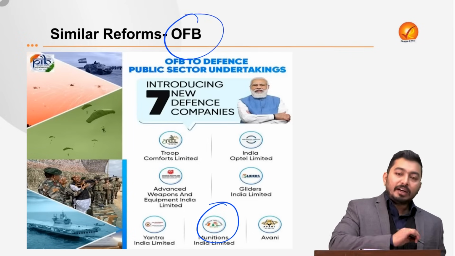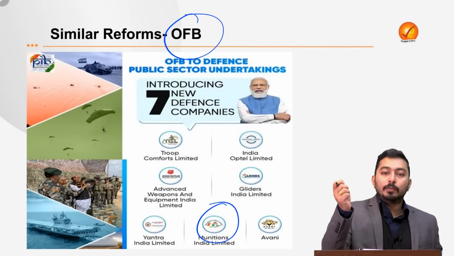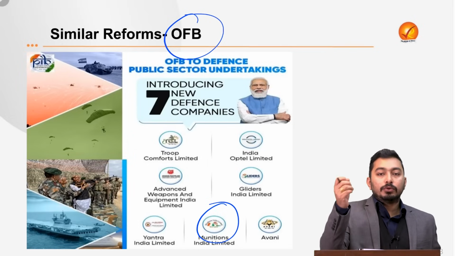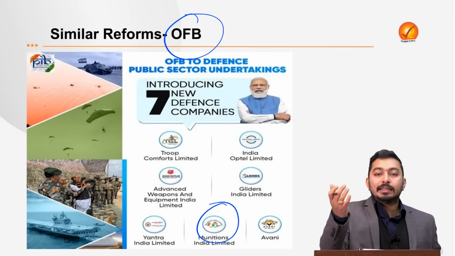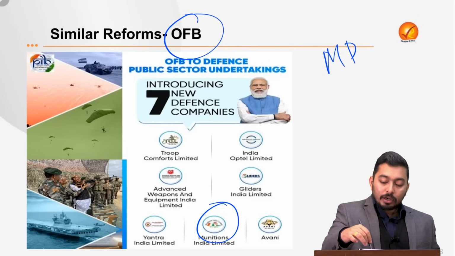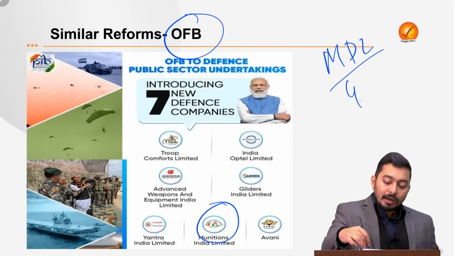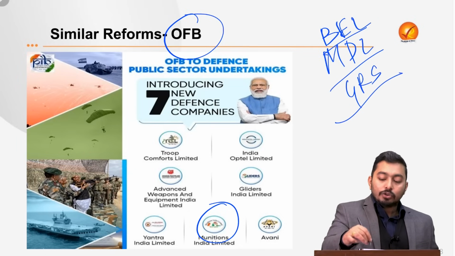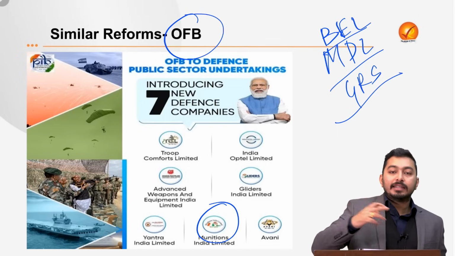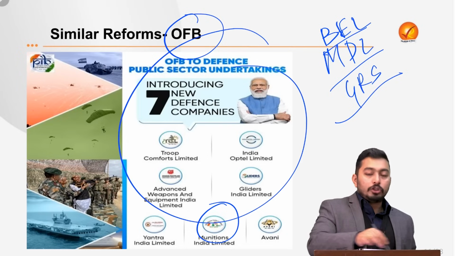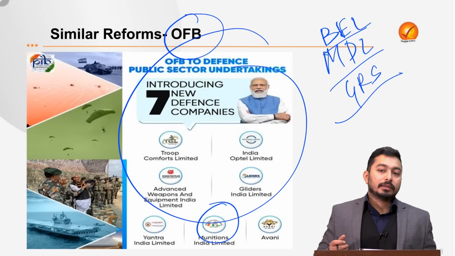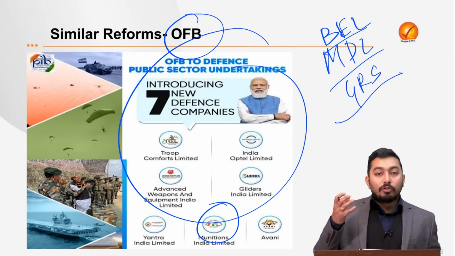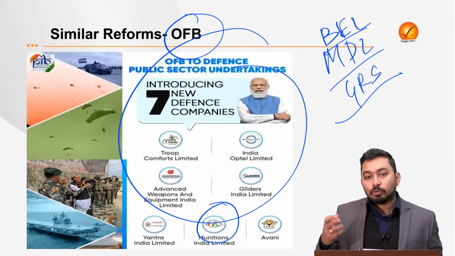So the Ordnance Factory Board was broken into multiple PSUs, and these PSUs can be scaled up and eventually listed, the way we have Mazagon Dock Limited, Garden Reach Shipbuilders, and Bharat Electronics Limited. Once they are listed, these companies can pick up money from the market, so a fresh infusion of capital can happen.